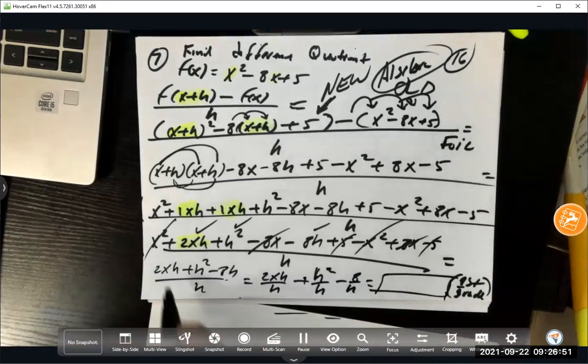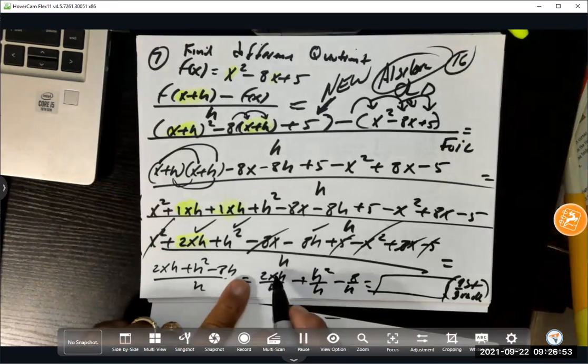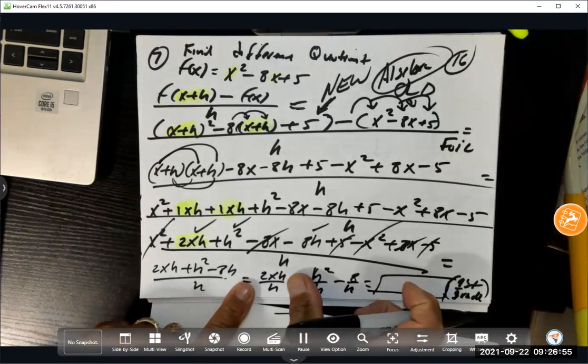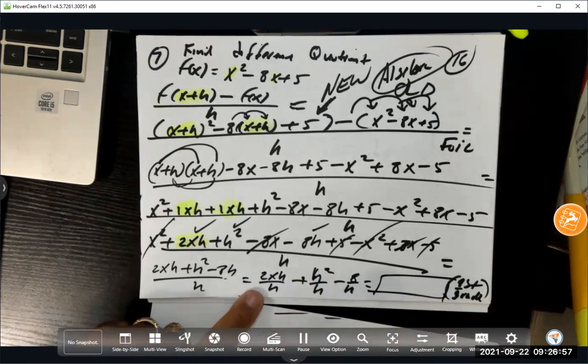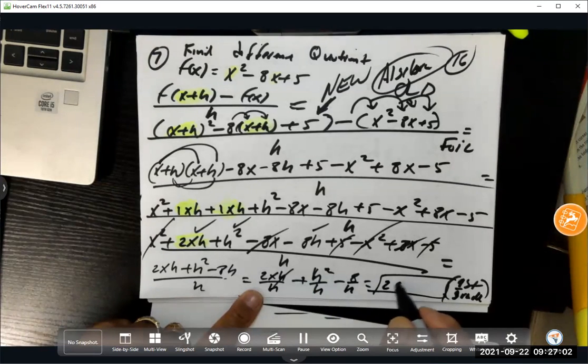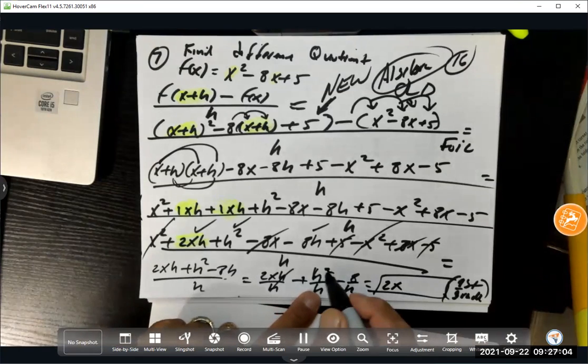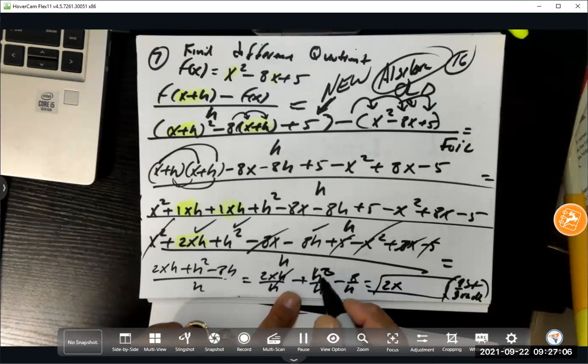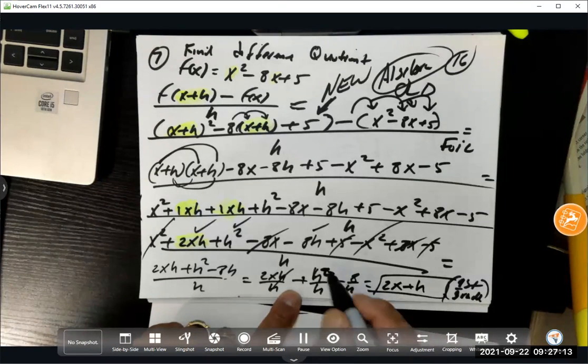So let me ask you a question. I just put them into 3 fractions. 2xh over h. Do you think I can cancel out the h's here? Yes or no? Yes. If I do these right here, what's left over? 2x. Yes. h squared over h, that one reduces, right? Can h divide the h squared a little bit? Yeah, h and h squared divides out. Do you have just h left over? Yes or no? Yes.